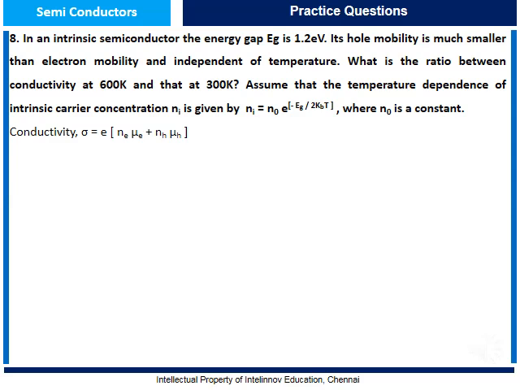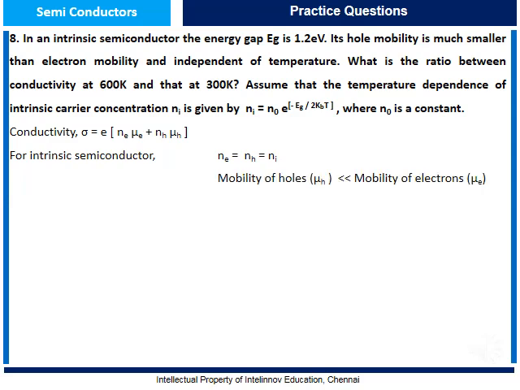Conductivity can be given by the formula sigma equal to e into Ne mu e plus Nh mu h. For an intrinsic semiconductor, Ne equal to Nh equal to Ni, and the mobility of holes is much lesser than the mobility of electrons. Thus, sigma can be written as e into Ne mu e. We are neglecting the Nh mu h value.